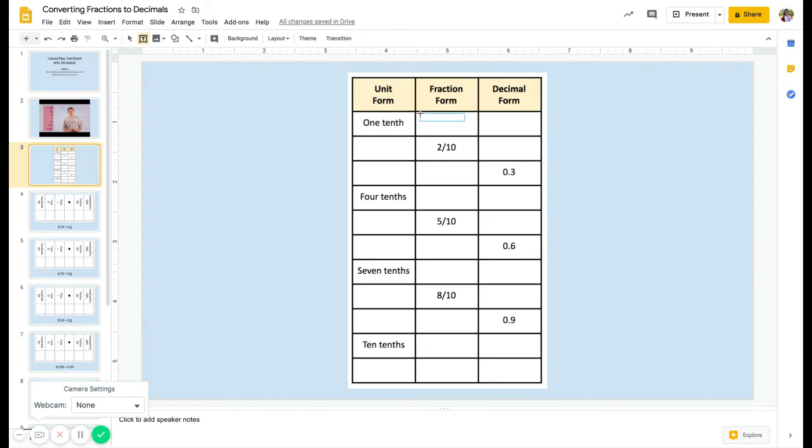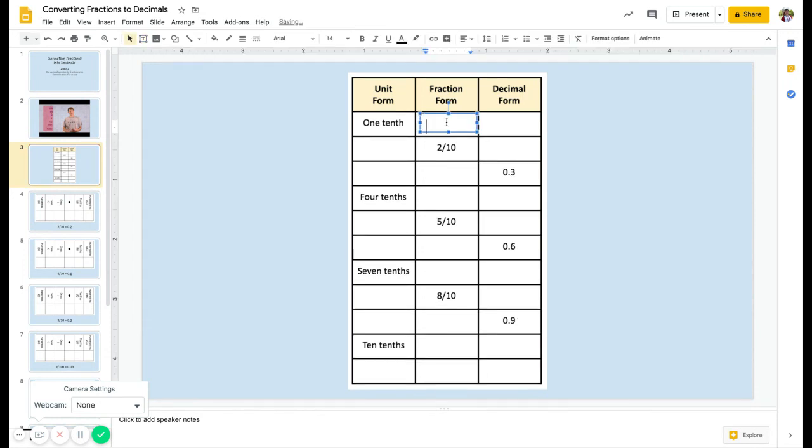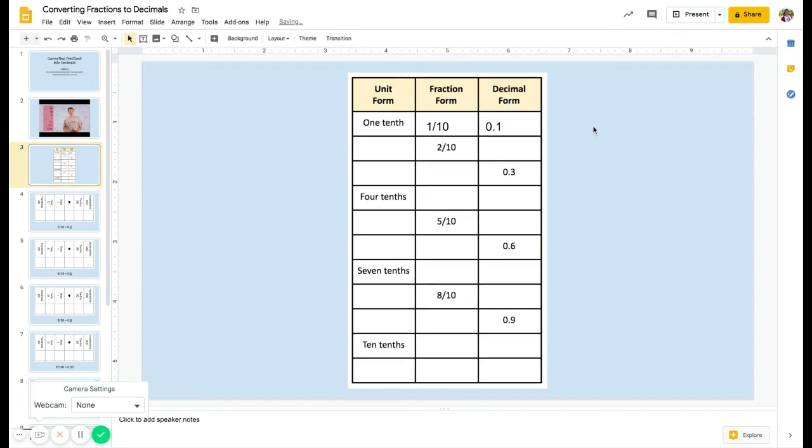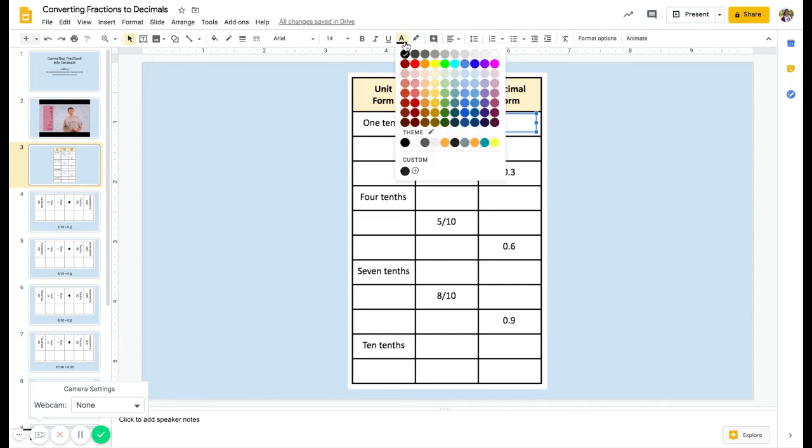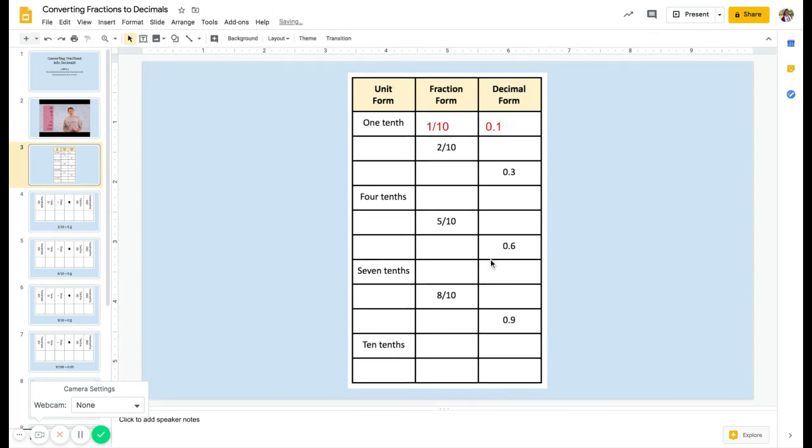So I would write that in fraction form as 1/10. If I then wanted to write that as decimal form, I would write 0 wholes and 1/10. That is an example for the first one. Your job is to fill in the rest.